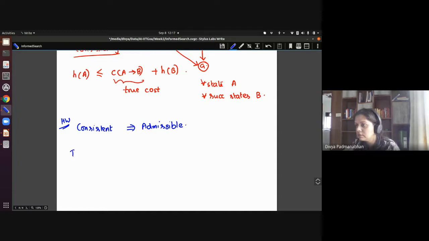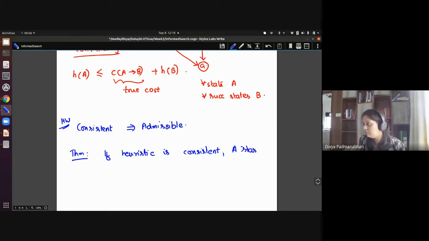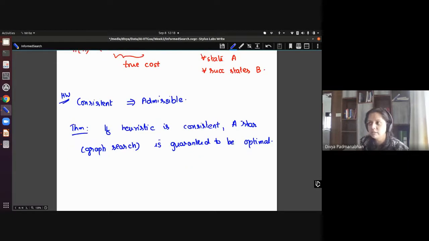Let me write the statement: if the heuristic is consistent, then A star in the way we have defined it, which is a graph search algorithm because we keep track of the visited nodes, not enumerating search trees, is guaranteed to be optimal. I will prove this in class today.